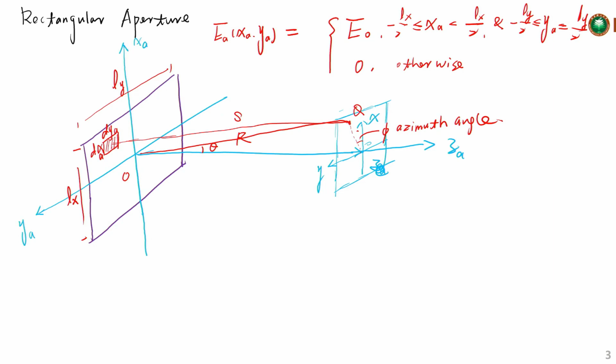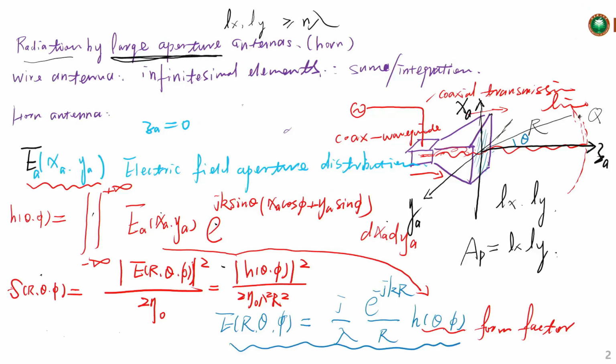Then we come back to the expression given by this equation. Then we can calculate the form factor h(theta, phi).